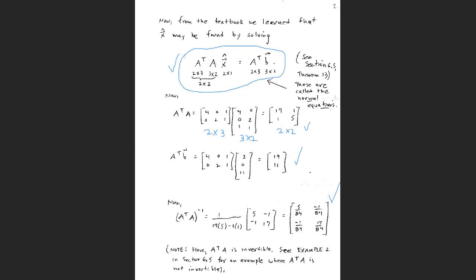Remember, earlier on in the semester for a 2 by 2 matrix, you had a special formula for the inverse of a 2 by 2 matrix. That was back in section 2.2.